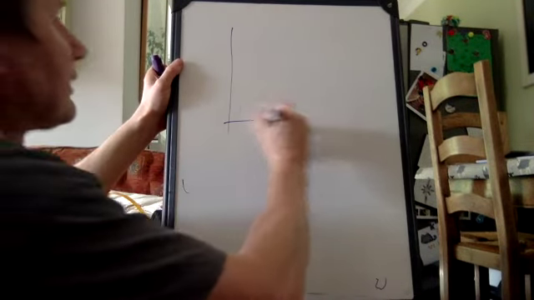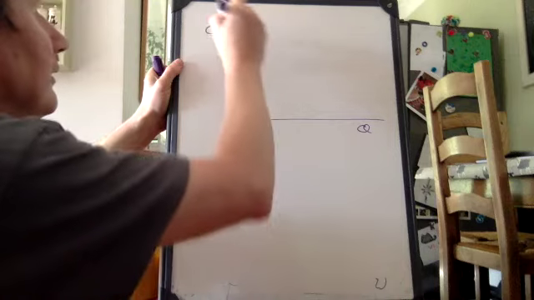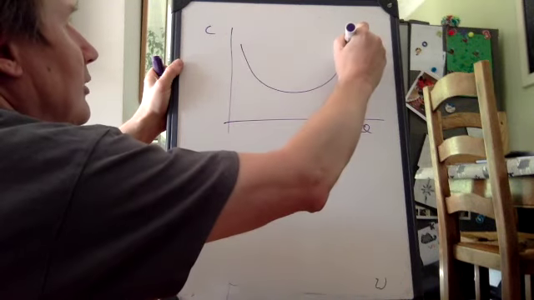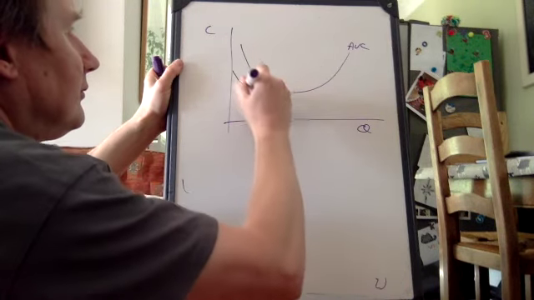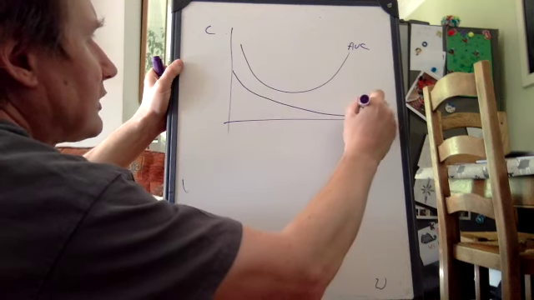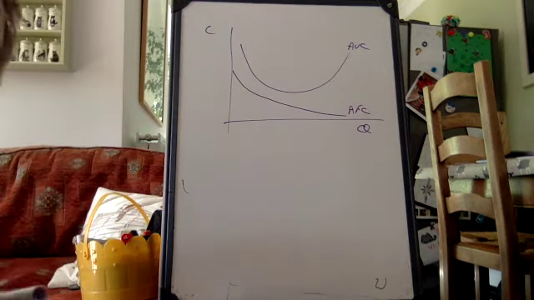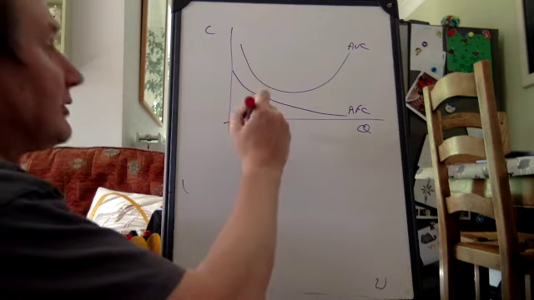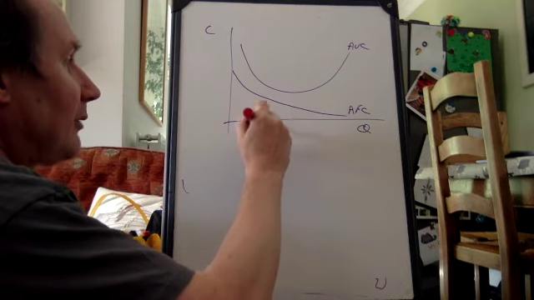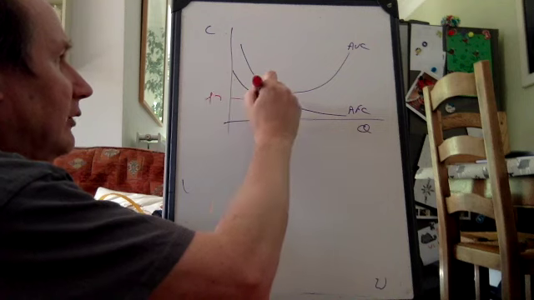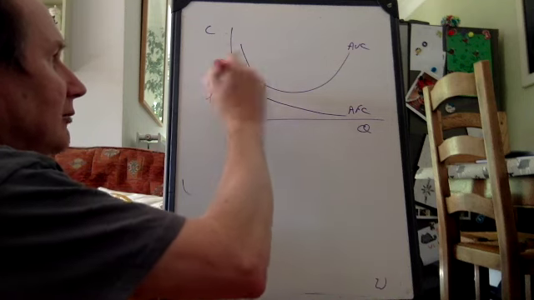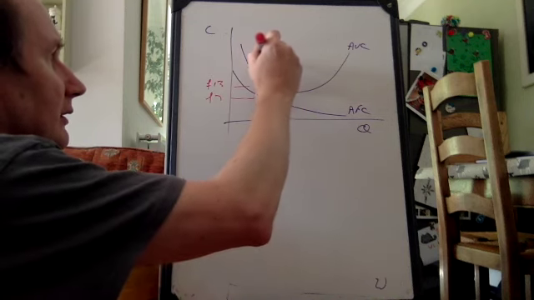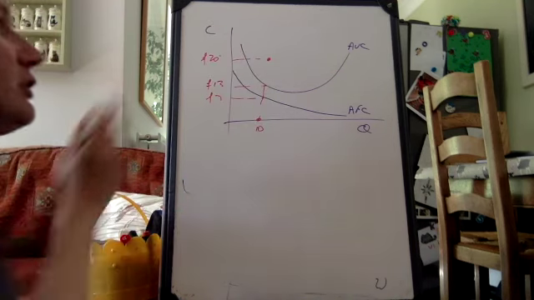If we now combine that, we end up with something that looks like this. Average variable cost looks like that. Average fixed cost looks like that. To find average cost, or average total cost, we simply add them together. If I make 10 units, the fixed cost was £7, the variable cost was £13, therefore my average cost is £20.